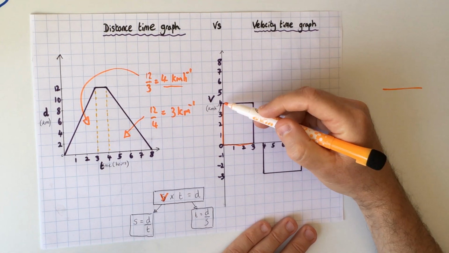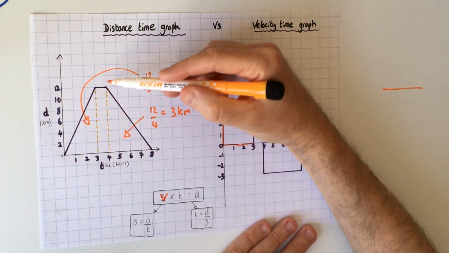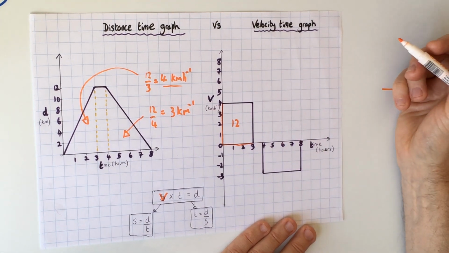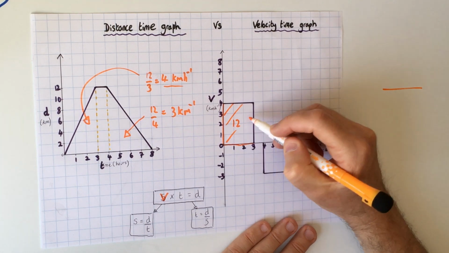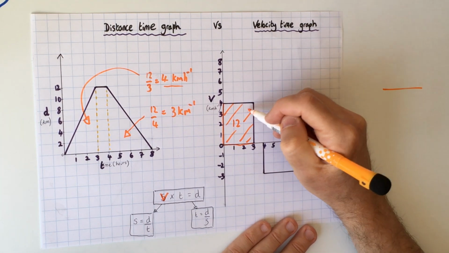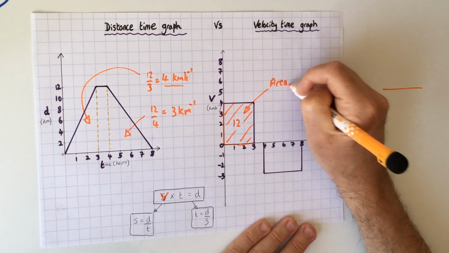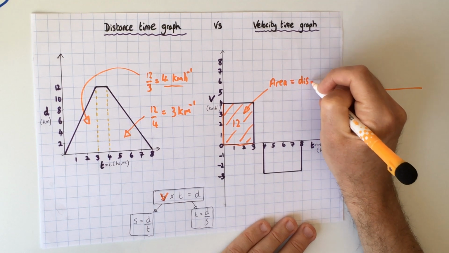And you can see that velocity times time, we know, gives us 12, the 12 kilometres away from home. And this is a feature of velocity time graphs, and that feature is that the area is equal to the distance travelled. I'm going to call that displacement.